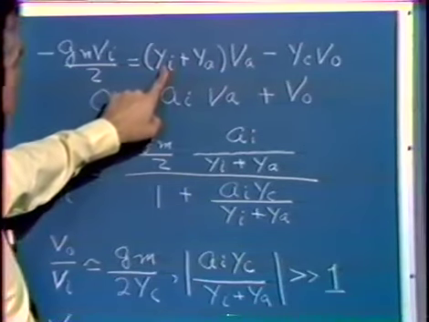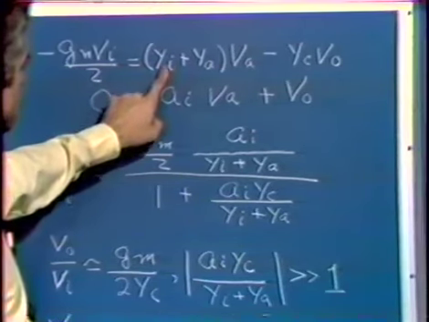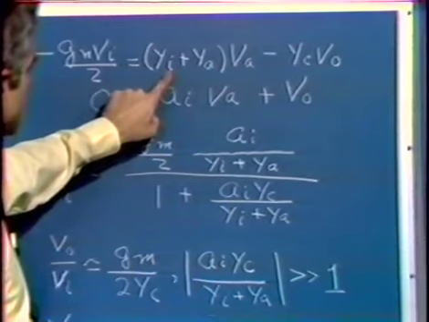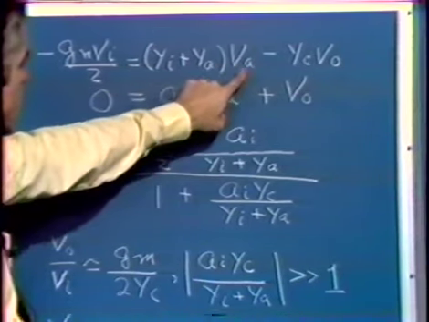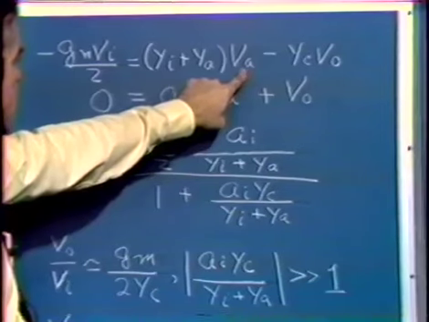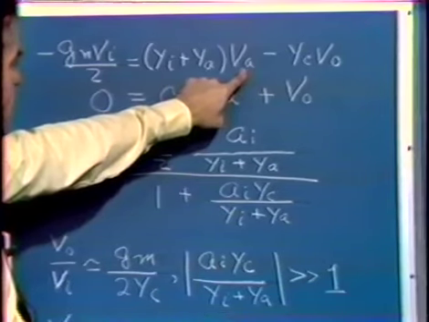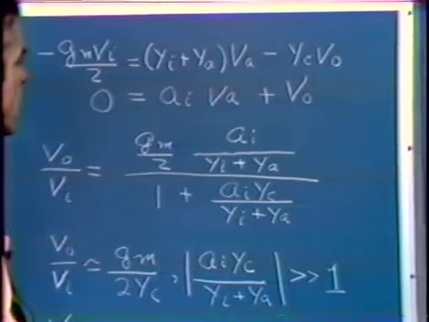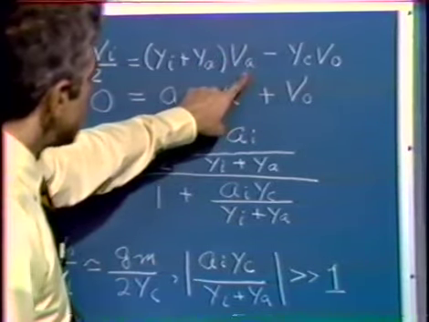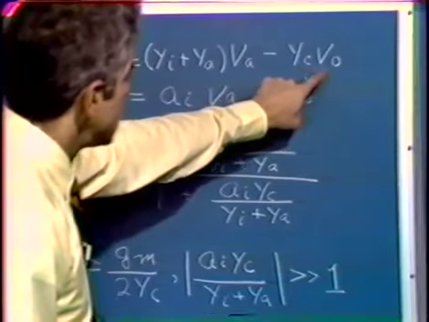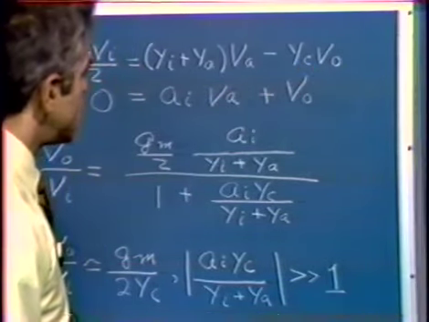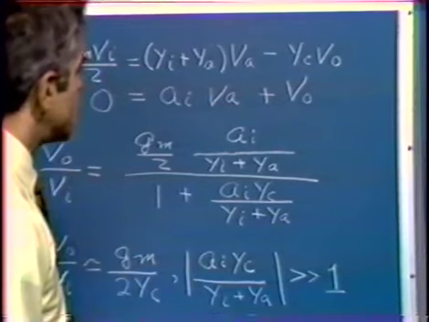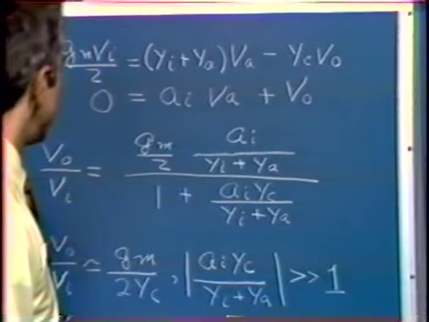There's a current going out of the node in question through the combined admittance YI plus YA. The voltage across that admittance is VA, so we get a current through that combined admittance that's simply VA times YI plus YA. And we get a current into the node that's YC times VO. That represents the short circuit transfer admittance of our compensating two-port.